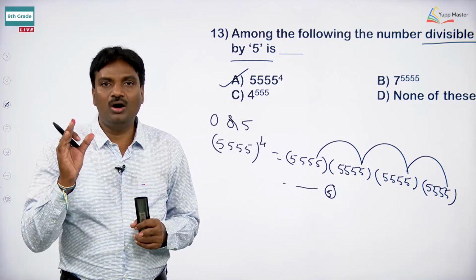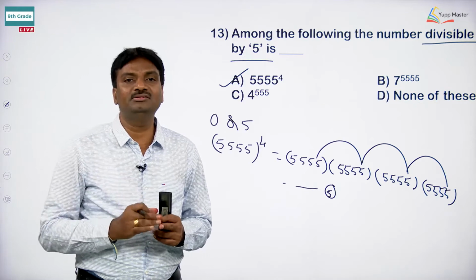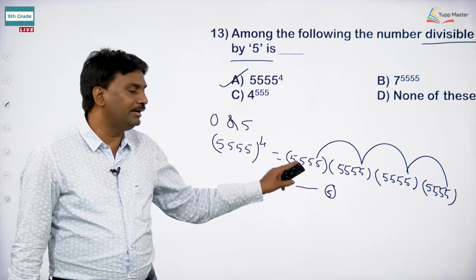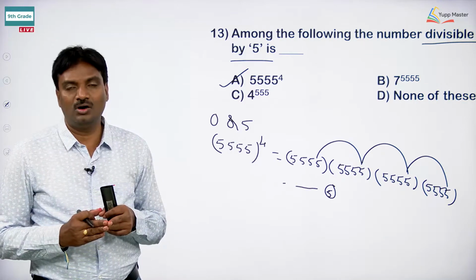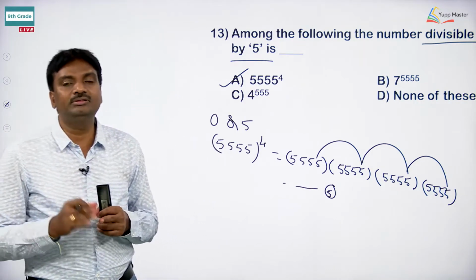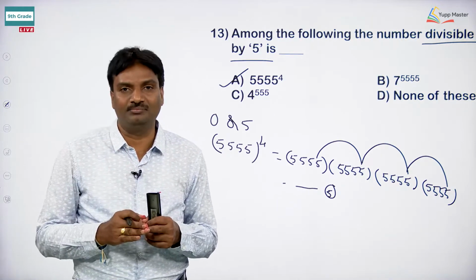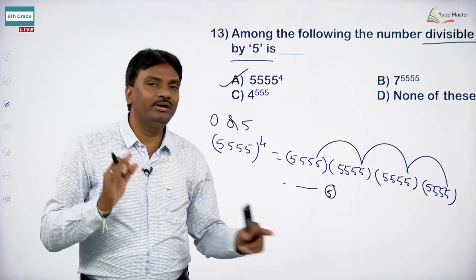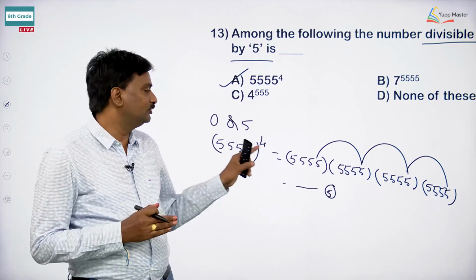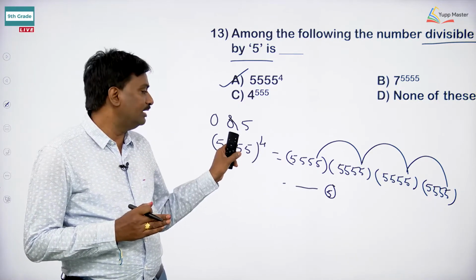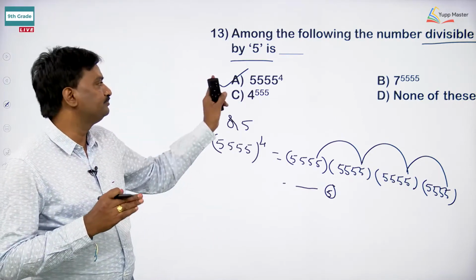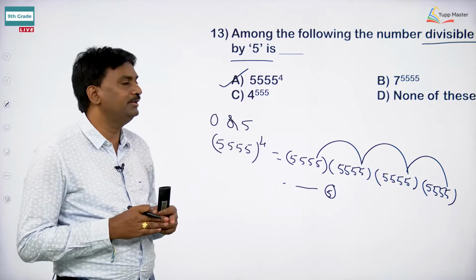We just have to check whether the last digit is either 0 or 5. We don't need to find all the digits before 5. So by multiplying these 4 numbers, we must get the last digit as 5 only. So that's why the number 5555 power 4 is divisible by 5. So that's why option A is correct.